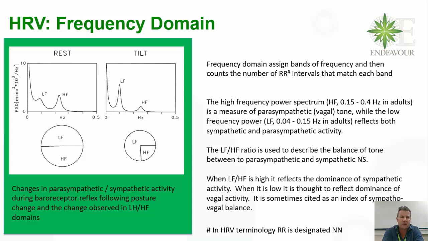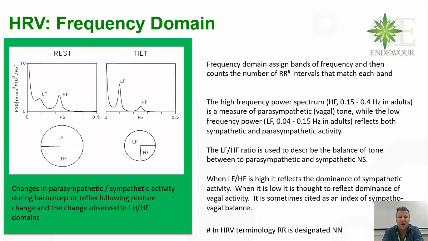So this is the rest and that is the tilt. If you have a look at the rest frequency domain, you can see that there's a roughly equal distribution of low frequency and high frequency domains at rest.